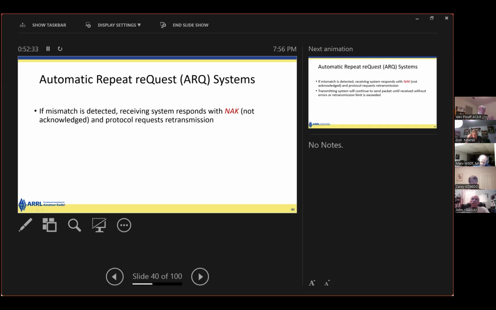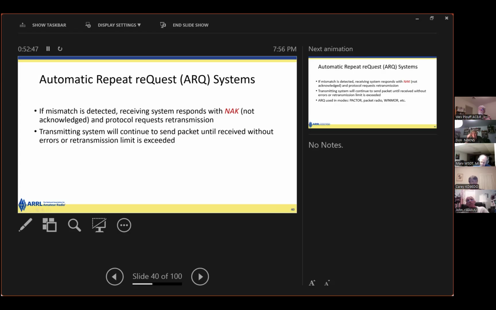And so usually the protocol is set up so that if there's an error on the receiving end, the transmitting end will send the same message again. That way, with any luck, it gets through without errors.